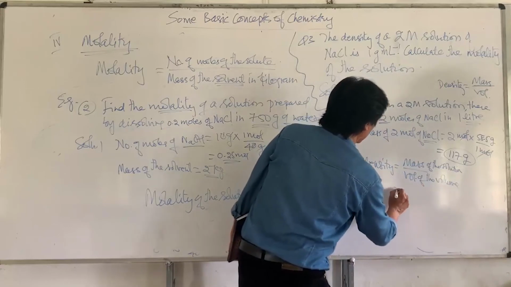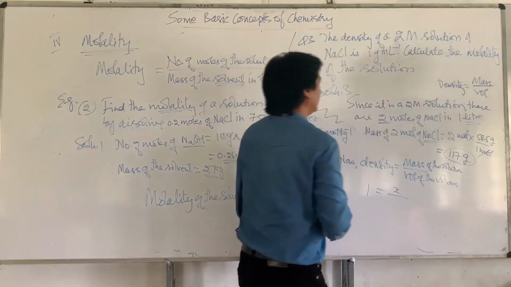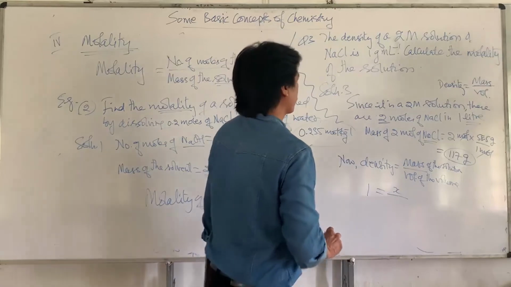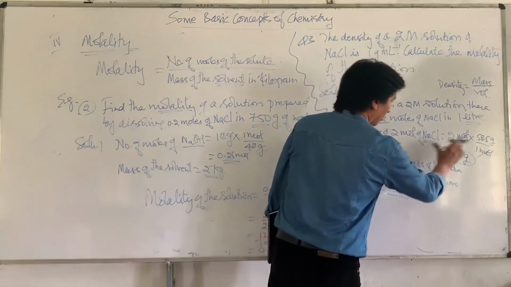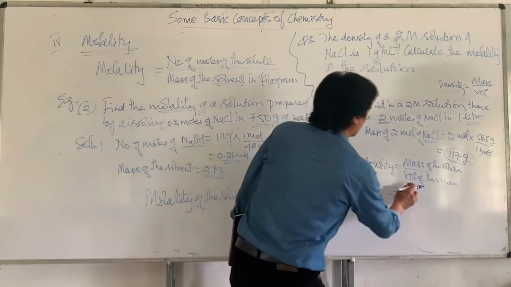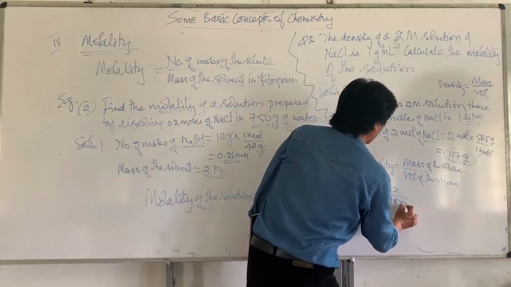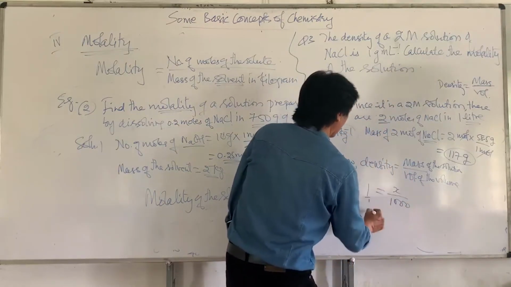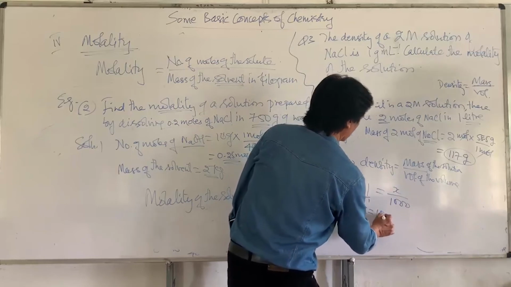We're going to take it as X divided by the volume. This overall mass of the solution is not given, so volume of the solution, you take it as 1000 ml. When you cross multiply here, X is equal to 1000.